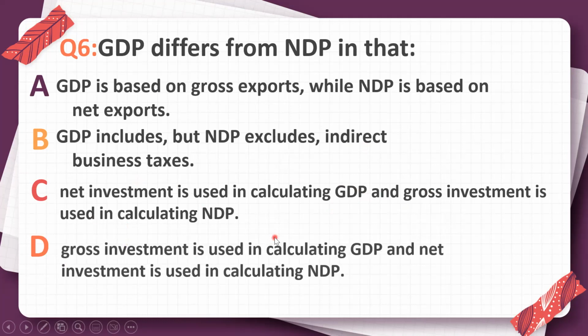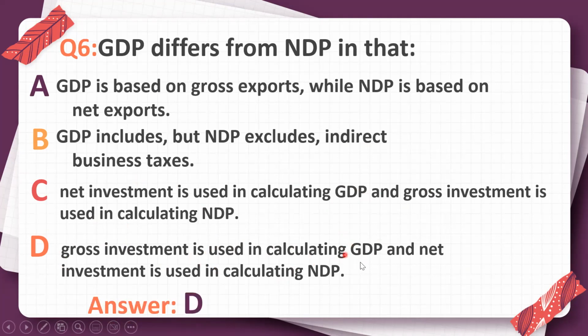D. Gross investment is used in calculating GDP, and net investment is used in calculating NDP. So the right answer, every gross, we had a gross. So here, gross investment is used in calculating gross domestic product. Net investment is used in calculating net domestic product.